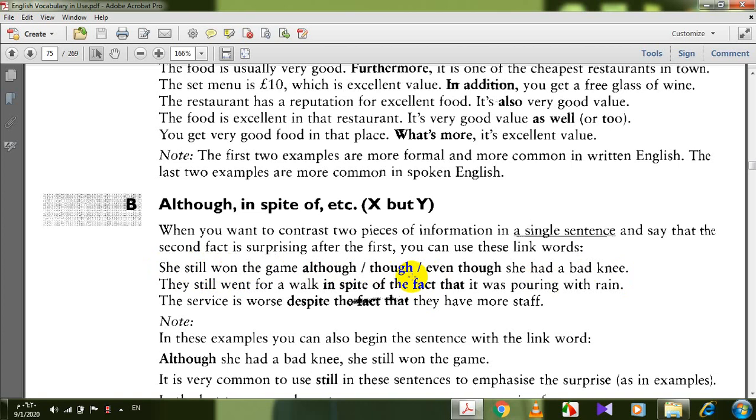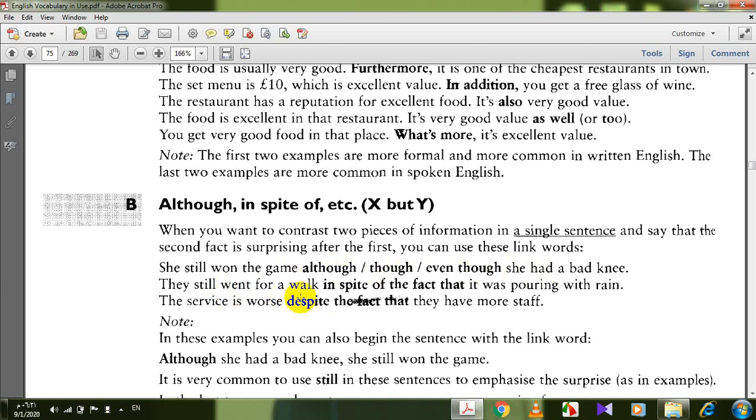And we have to notice that after "even though", a clause is used. A clause means a subject and a verb. It means a simple sentence: subject, verb. Although she had, "she" is the subject, "had" is a verb. Although, though, and even though. So she still won the game, even though she had a bad knee.